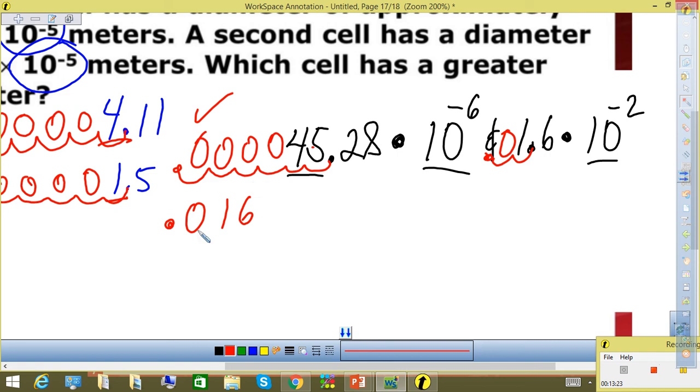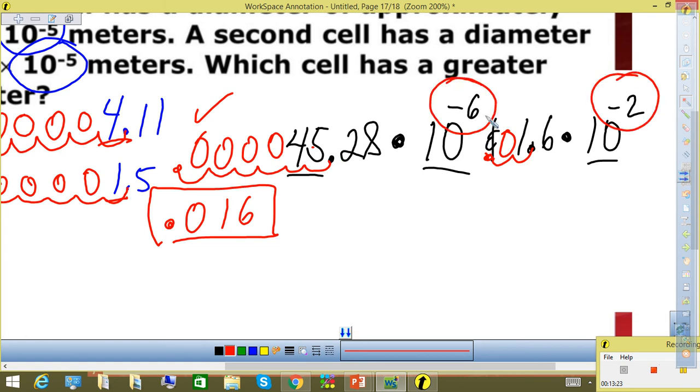Which one is bigger? 0.16. This one is greater because it's closer to 1. This one is farthest from 1. So what can we conclude from these? That the smaller the negative exponent, the greater the number. Everybody understand that?